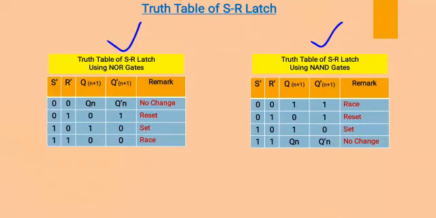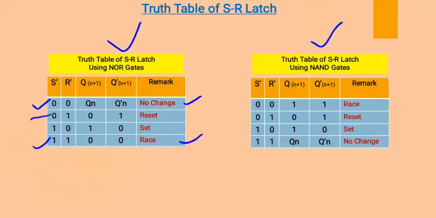Using NOR gate, when S and R are 0 0, then the output will not change. When S and R both are 1 1, then the output is going to be in a rest condition or invalid state.